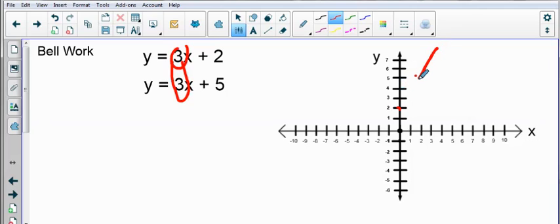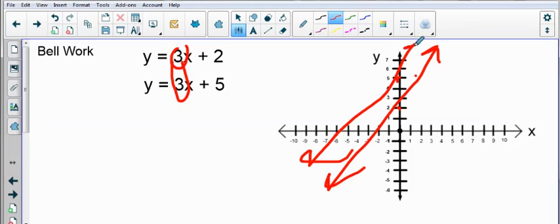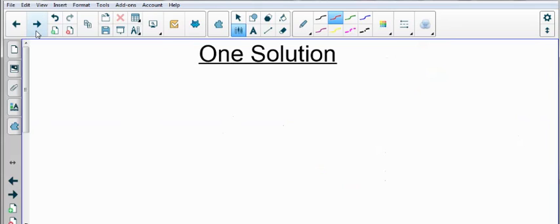And then this one crosses at 5. It also goes up 3 and right 1. Not great lines, but you get the idea. They're parallel lines. They will never touch. Therefore, there are no solutions between these two lines. They share no points.